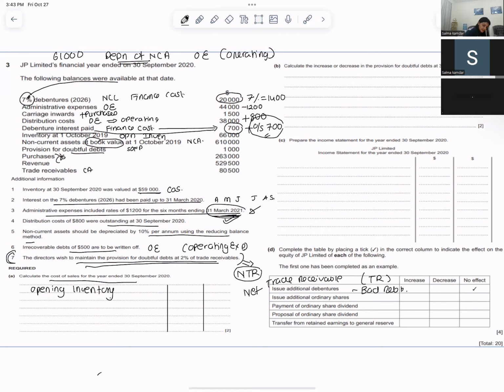How much is opening inventory? 66,000. Then purchases. You have an adjustment related to purchases, that is carriage inward, so we add it. Adjustments related to purchases are done in the first column.